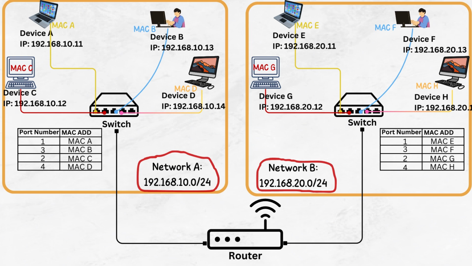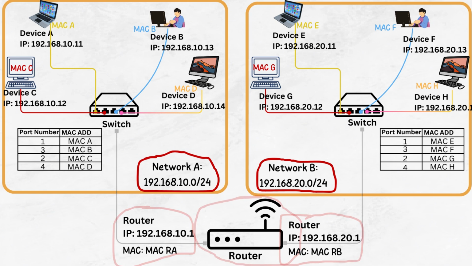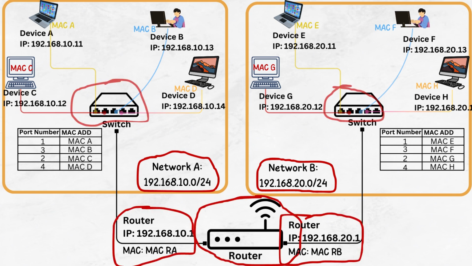Here's our example network. Network A has the IP range 192.168.10.0, and network B has the IP range 192.168.20.0. A router connects these two networks, and we have switches handling communication within each network.